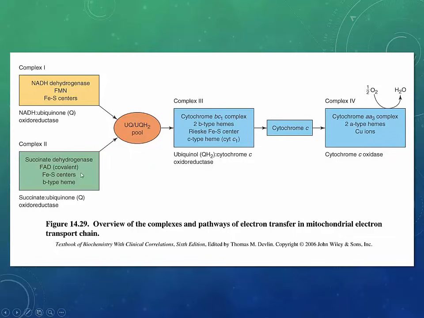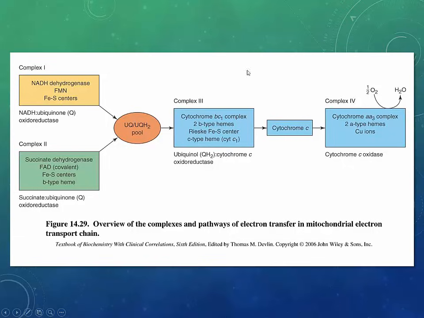So both complex 1 and complex 2 are going to offload their electrons onto ubiquinone, which will become ubiquinol, and then ubiquinol will offload its electrons to complex 3. Complex 3 is formally known as the ubiquinol cytochrome C oxidoreductase, or sometimes the cytochrome BC1 complex.